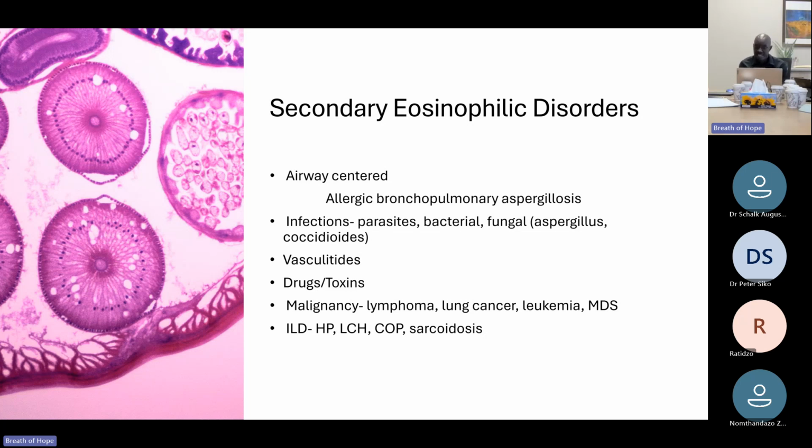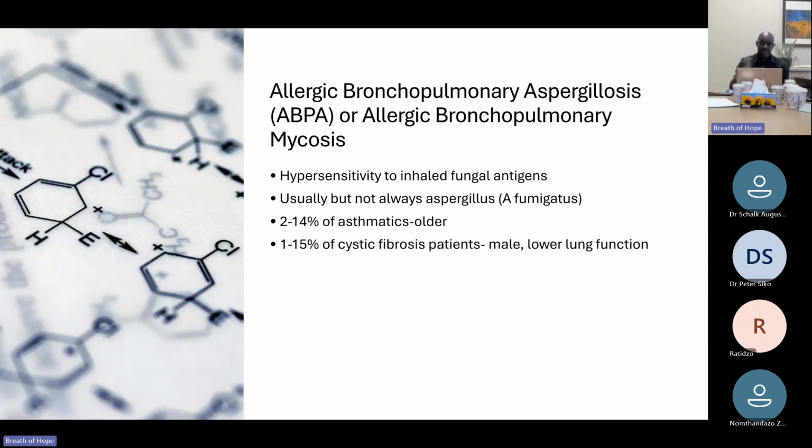Malignancies such as lymphoma, lung cancer, leukemia, and myelodysplastic syndromes can also contribute to secondary eosinophilic disorders. Interstitial lung diseases, such as hypersensitivity pneumonitis, Langerhans cell histiocytosis, cryptogenic organizing pneumonia, and sarcoidosis, are also known causes of secondary eosinophilic disorders.